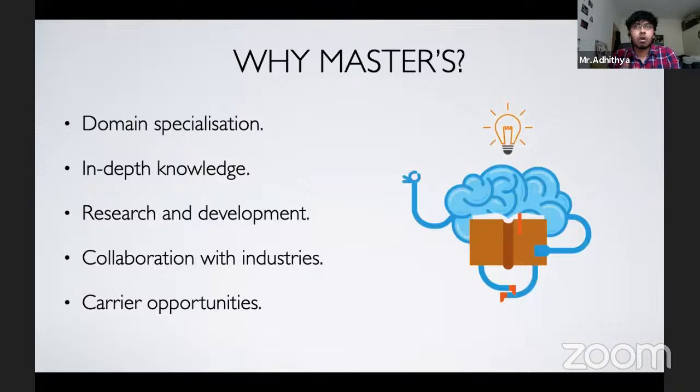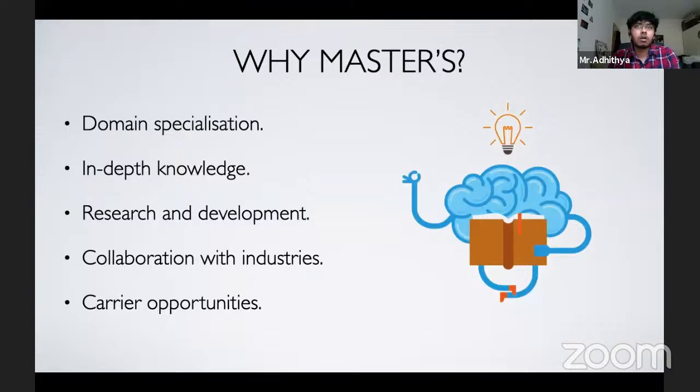So all this in-depth knowledge, when you do some practical work with companies or institutes or industry, is actually put into practical use. So during your master's, pretty much every university will have some kind of MOU with other industries or other research centers. So you will get hands-on experience during this.